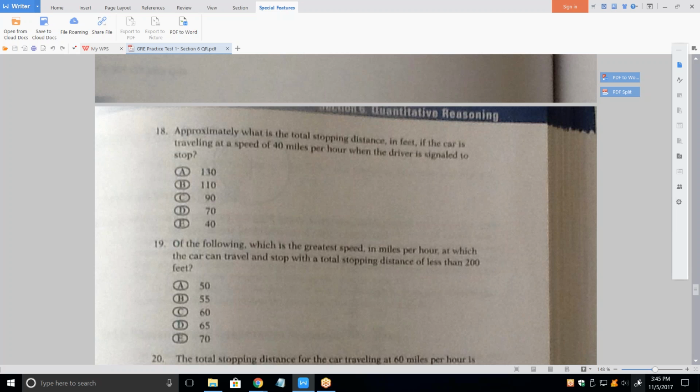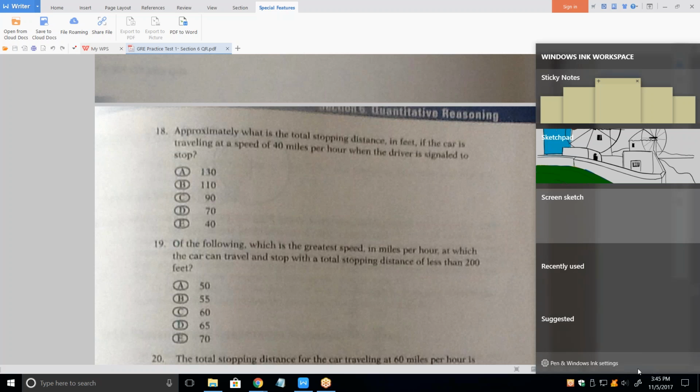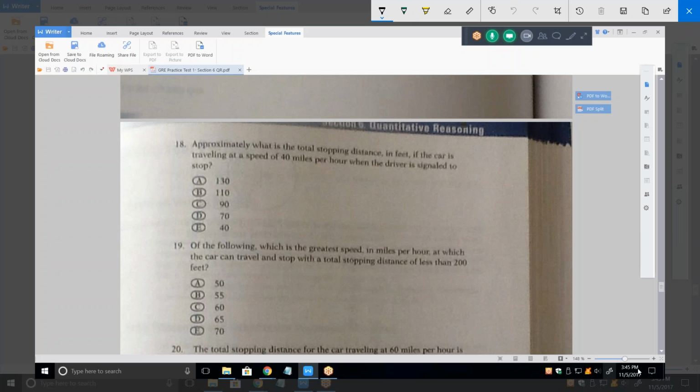Okay. Now, in other words, what we're going to do is we're going to start with the answers and see if we were going 50, how far would we go? Well, we just figured out that we would go 133 feet, or 130 feet, I guess, going 40, right? Right. Okay.